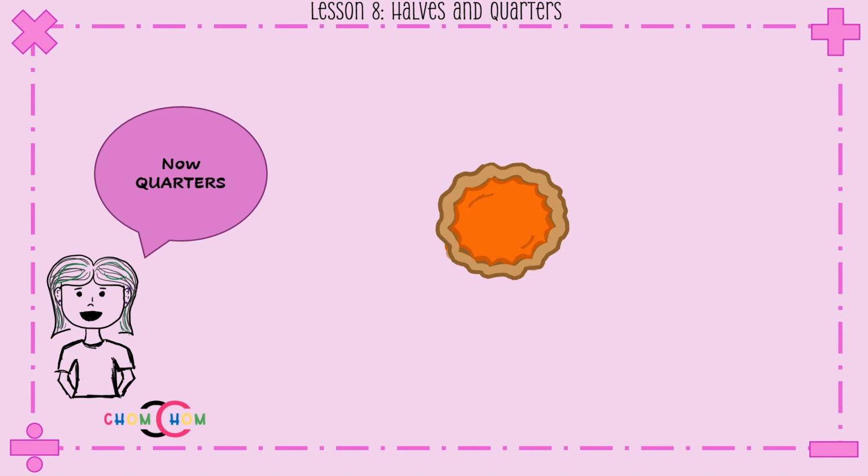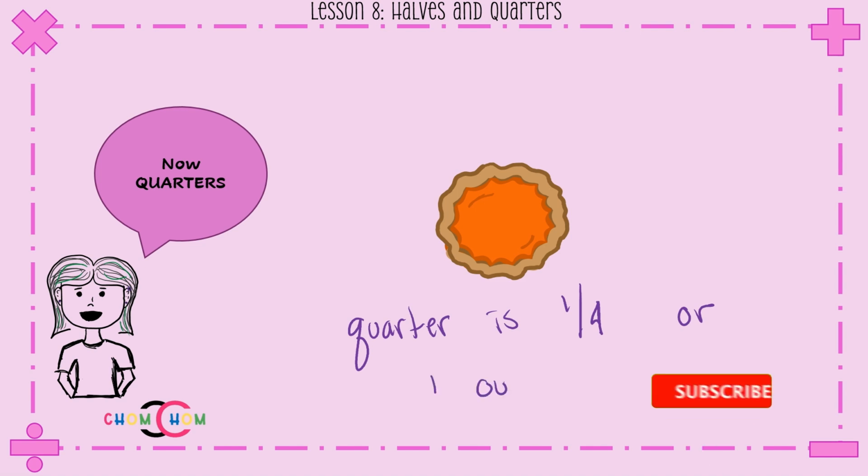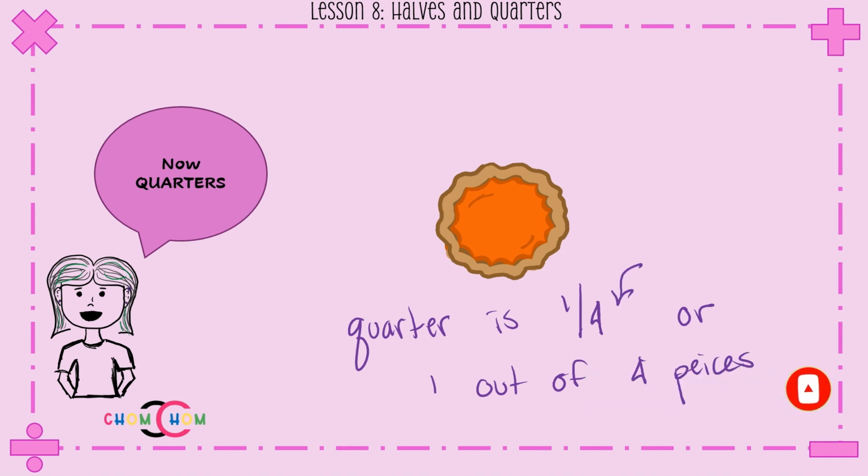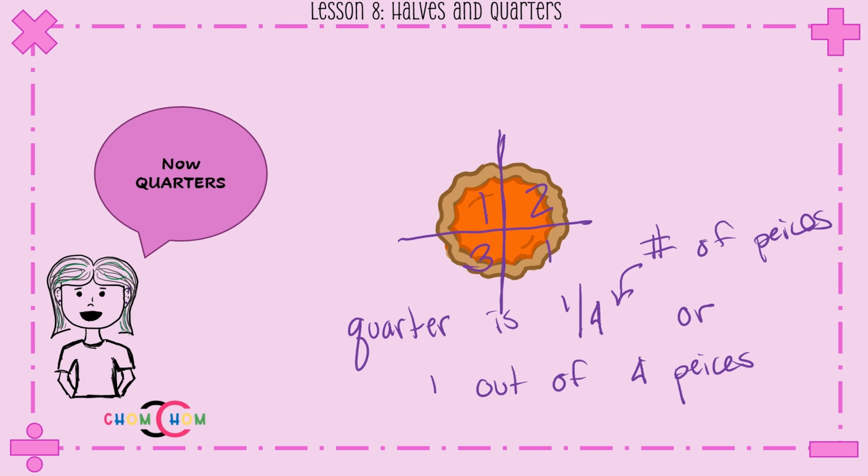Next, we have quarters. A quarter is 1/4, or 1 out of 4 pieces. Because remember, the bottom number is number of pieces. So we want to split our pie into 4 pieces. 1, 2, 3, 4.